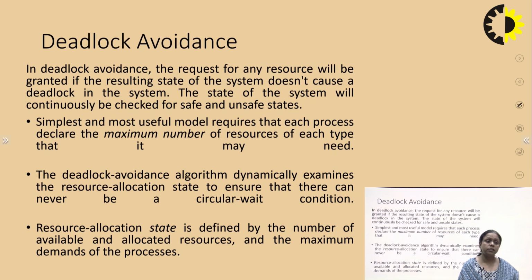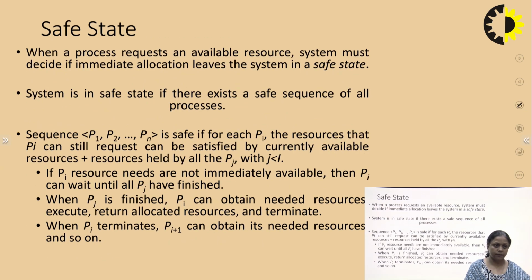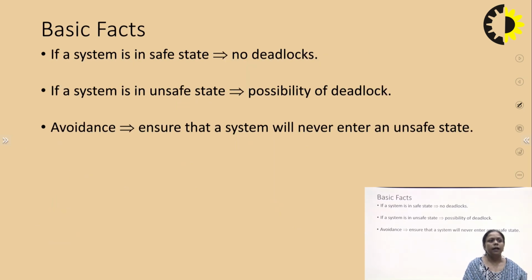But if the system is in the unsafe state, then there is a possibility of deadlock. So we have to try to keep our system in the safe state. If the system is in safe state, no deadlocks will be there. If the system is in unsafe state, the possibility of deadlock is there.